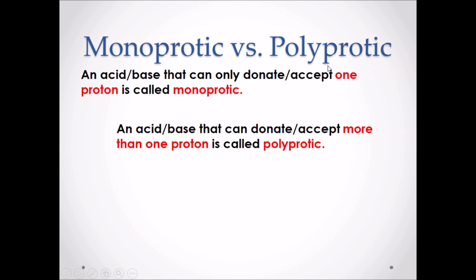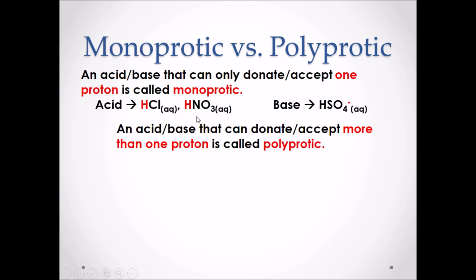Monoprotic versus polyprotic. An acid/base that can only donate/accept one proton is called monoprotic. For example, the following acids, HCl and HNO3, only have one hydrogen in their chemical formula.